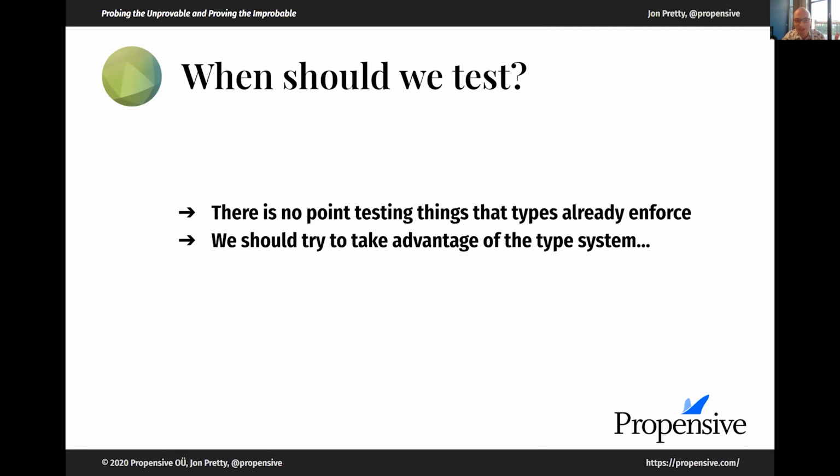That's great when we can do it, and gradually over many years, I've been able to do more things with Scala types that do this. But we can't do everything. There's some information we simply don't have at compile time, and this is where tests come in.